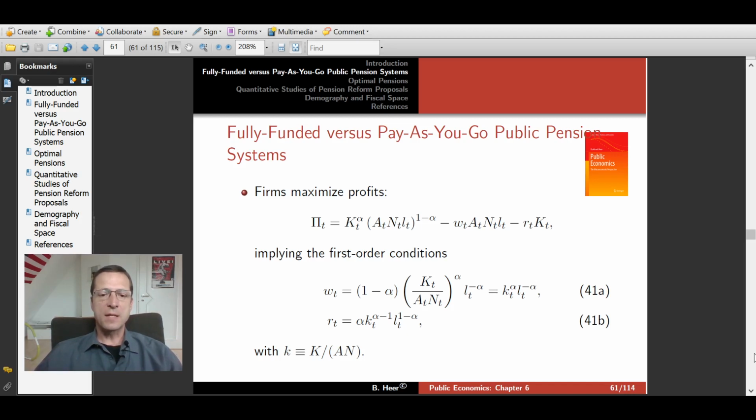So we divide the aggregate capital stock, uppercase K, by the product of labor productivity A and the number of workers N.